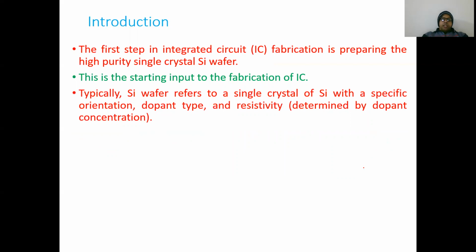Typically, silicon wafer refers to a single crystal of silicon with a specific orientation, dopant type, and resistivity. When we talk about silicon crystal specific orientation, you are all aware of Miller indices 111 and 100, that is, how atoms in a crystal are being oriented.